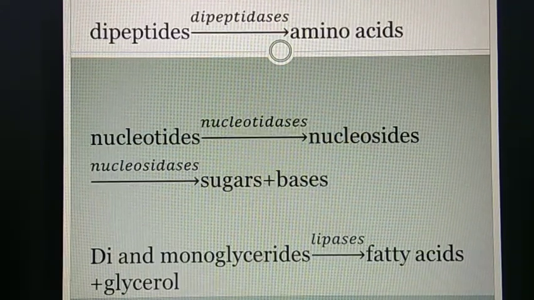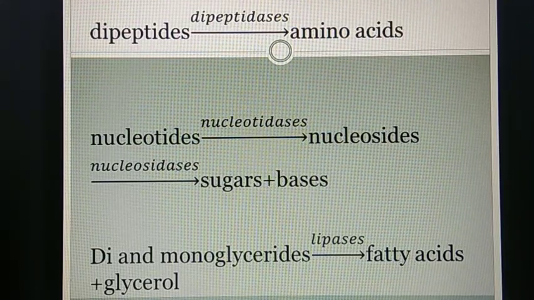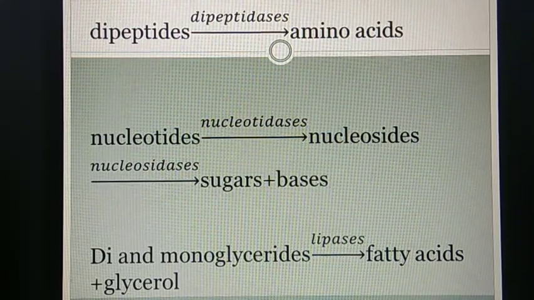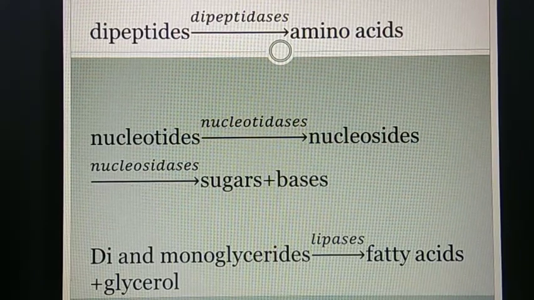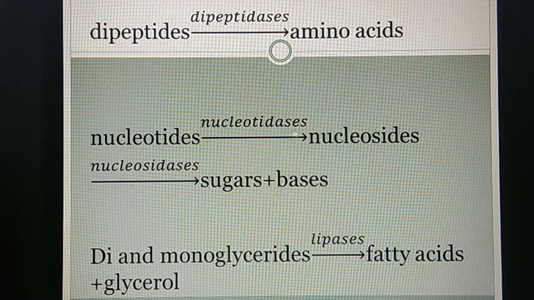Then dipeptides. Another enzyme present in the intestinal juice is dipeptidase. Dipeptidases convert dipeptides to amino acids. Then another one is nucleotidases, which convert nucleotides to nucleosides, which are further converted to sugar and bases in the presence of nucleosidases.